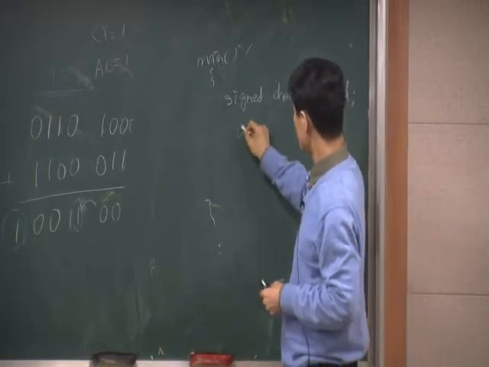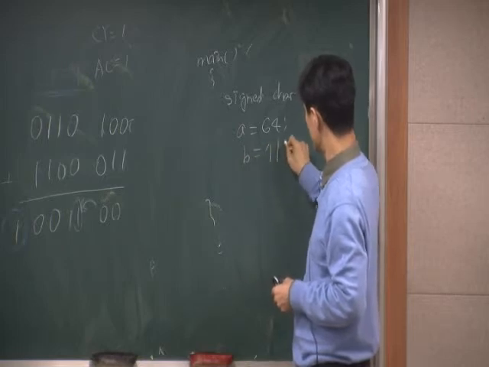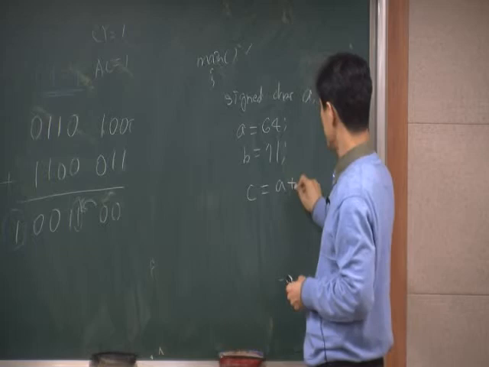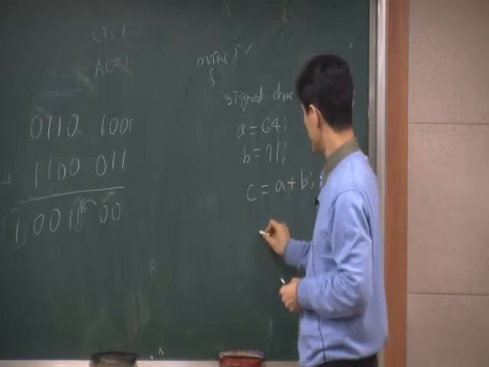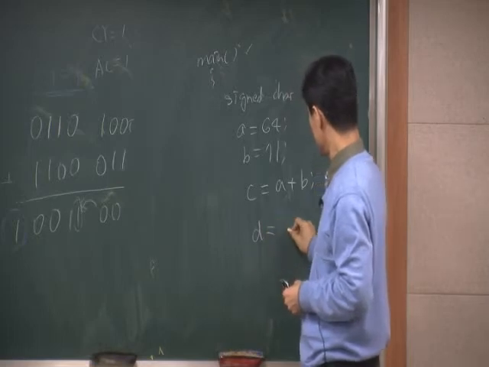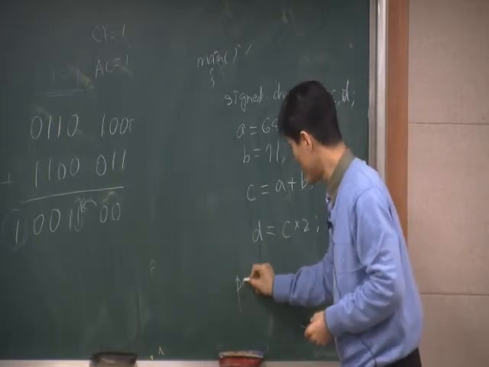And let's say I put A equal to 64, same example, B equal to 71, and C is A plus B. And what I'm going to do is, let's say I want to do D is C times 2, something like this.